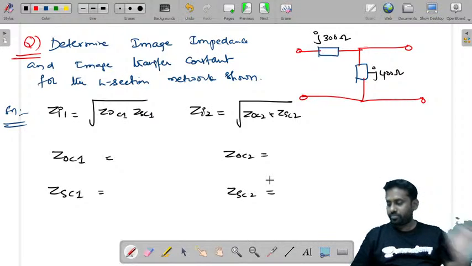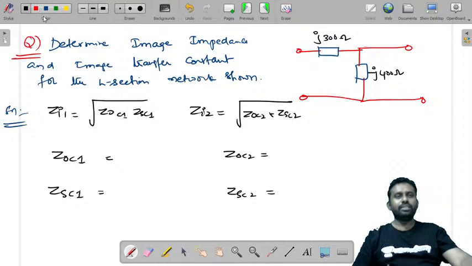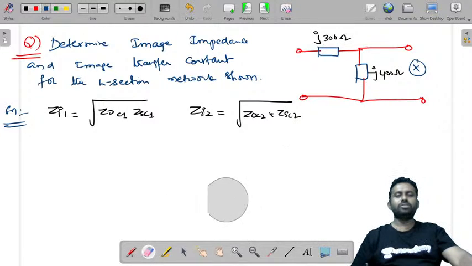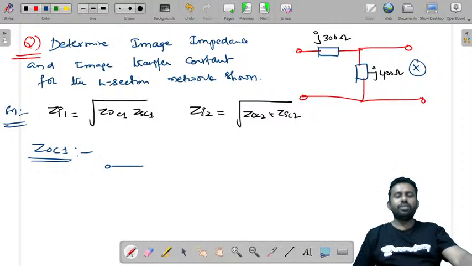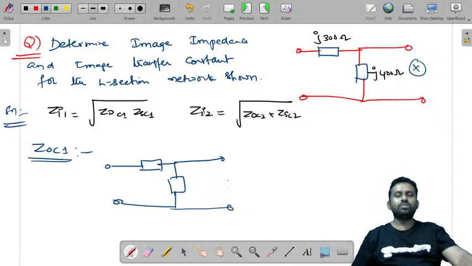ZOC1 is nothing but open circuiting this. I'll draw this clearly, one by one. To find ZOC1, you just need to open circuit the second port, and measure the impedance here, that is ZOC1.